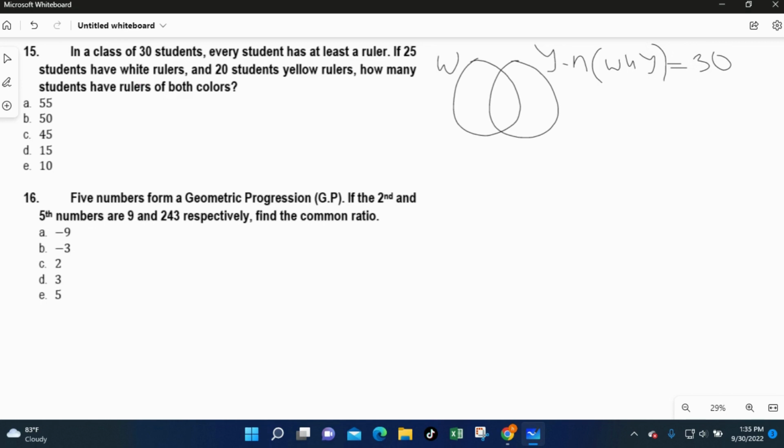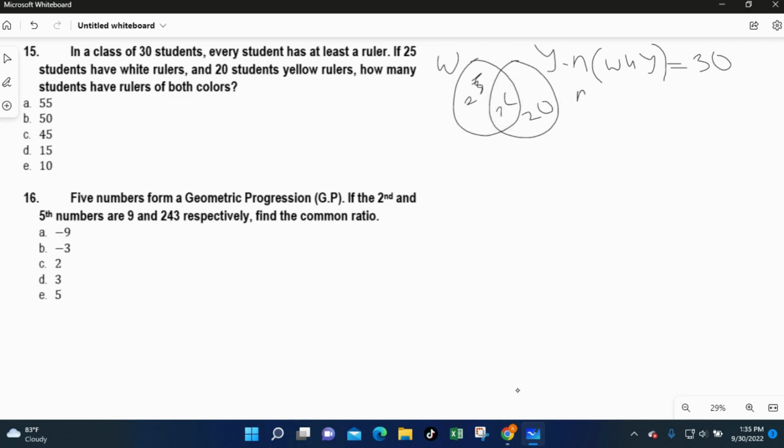Now we were told that 25 students have white rulers, and 20 students have yellow rulers. They ask how many students have both rulers. This is what we are looking for.